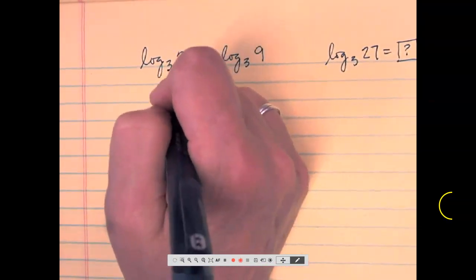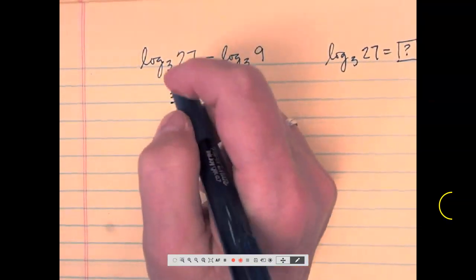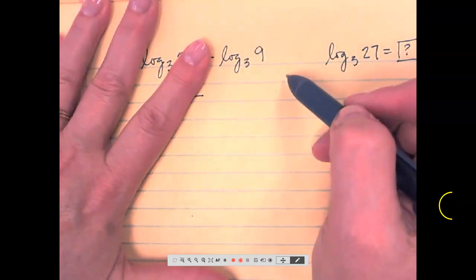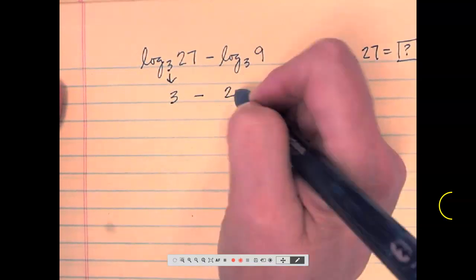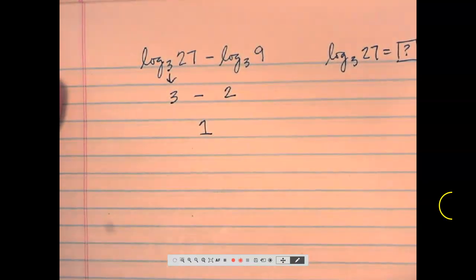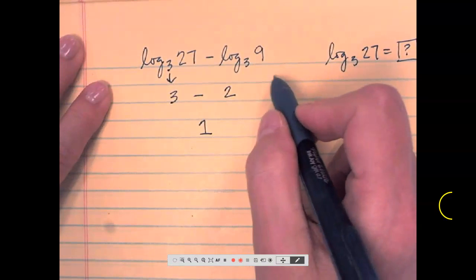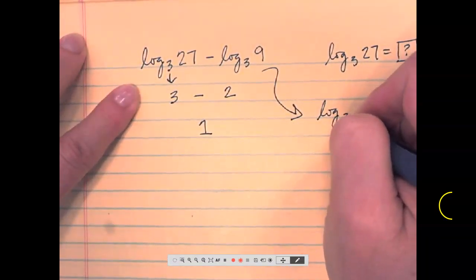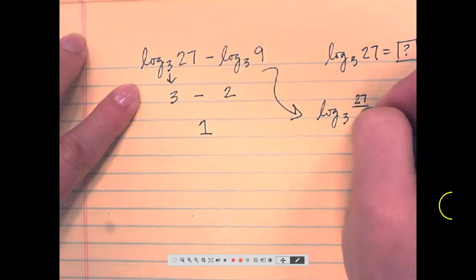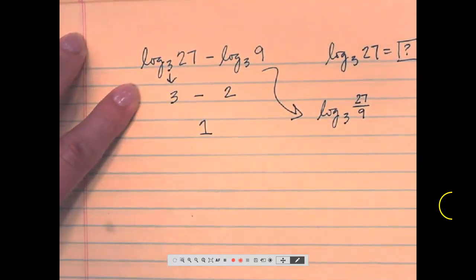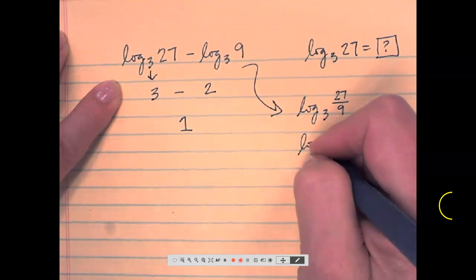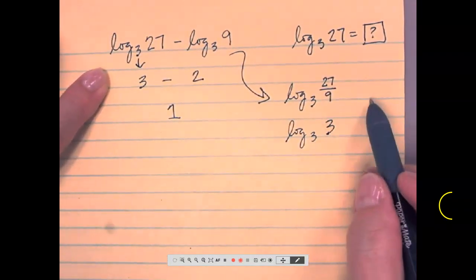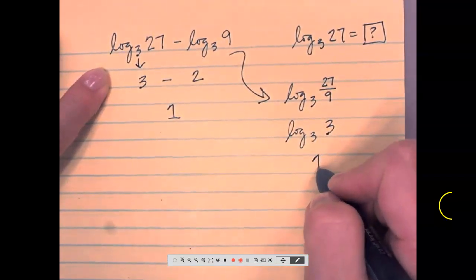So this is equal to 3. The logarithm is really the exponent. Okay, so this other one is equal to what? 2. 3 minus 2 is 1. But if I use the condensing rule, this should be the same as log base 3 of 27 over 9, which is log base 3 of 3. And 3 to what power is 3? 1.